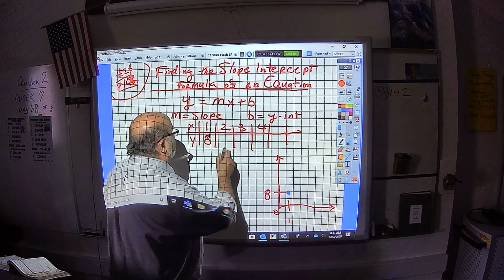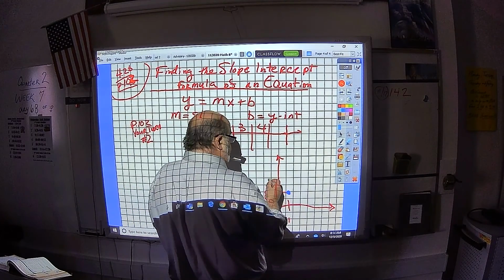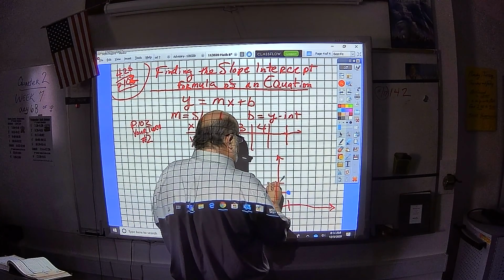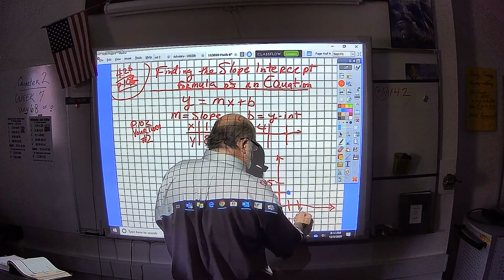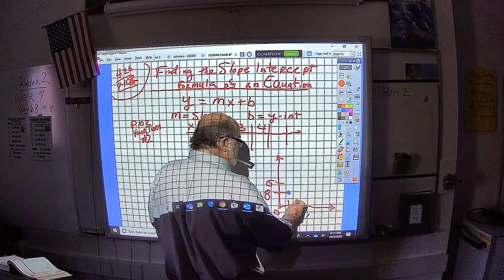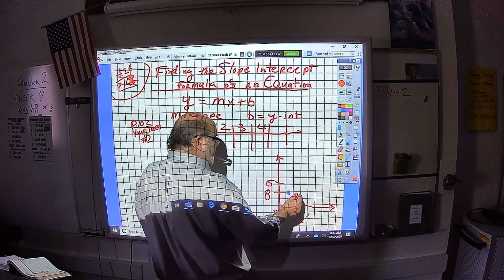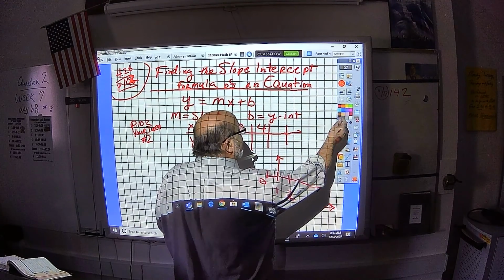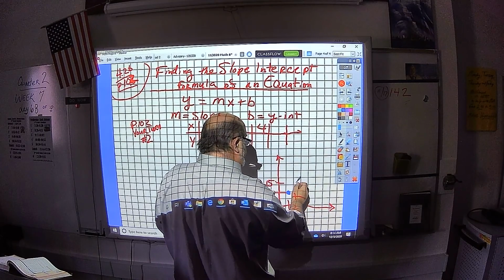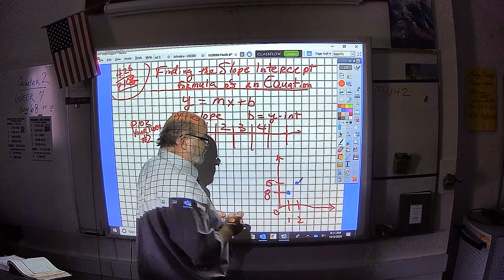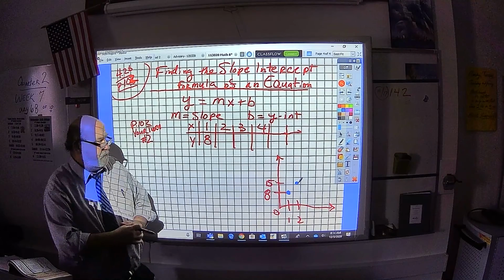Then when we go to 2, we're going to say, okay, 2 is at 15. I want this to look a little bit sloppy because some of yours look pretty sloppy, so I'm hoping that gives you an opportunity to figure out what's going on.